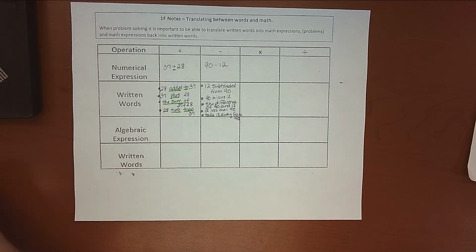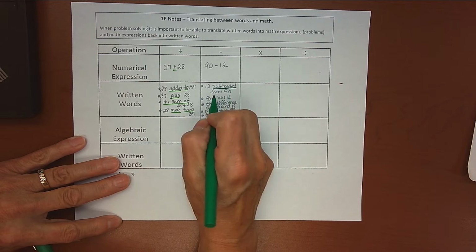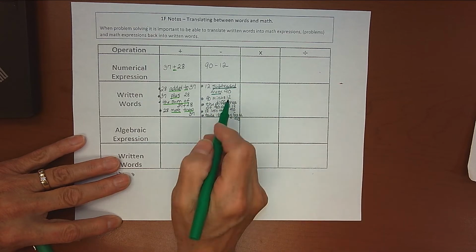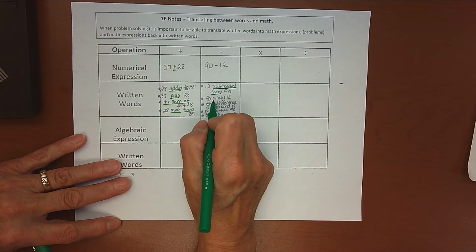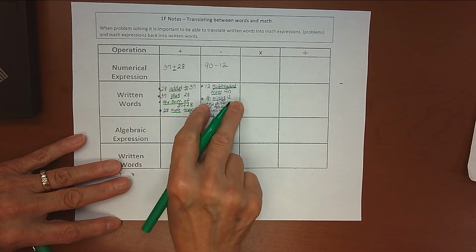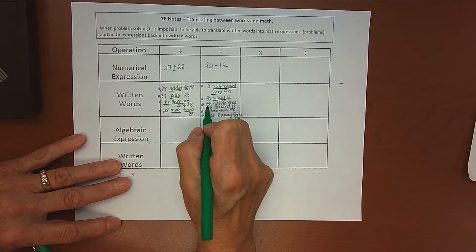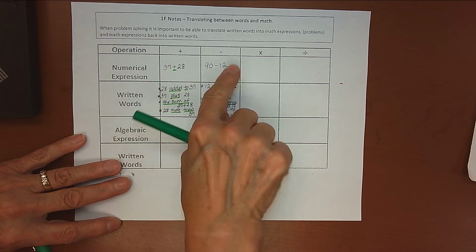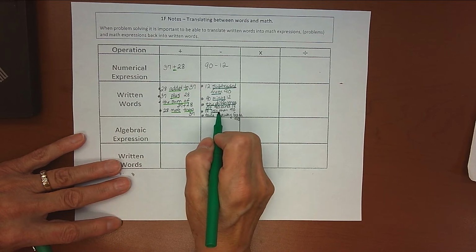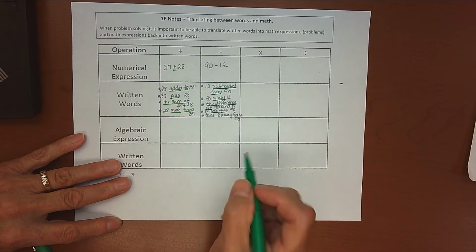All right, let's underline those words that mean subtraction then. We've got subtracted from, and that's a case where the numbers would have to switch the order that we see them in the problem. 90 minus 12, notice in that situation the numbers stay the same order. The difference of 90 and 12, and again the numbers stay in the same order. 12 less than 90, there's a situation where the numbers are switched from the math problem.